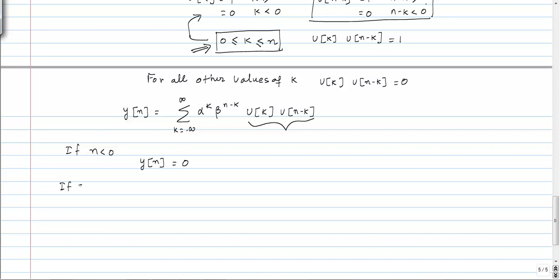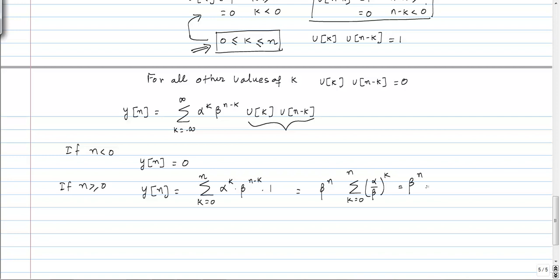If n is greater than or equal to 0, then y of n can be written as the summation from 0 to n of alpha to the k, beta to the n minus k times 1, which is beta to the n times the sum for k equal to 0 to n of alpha over beta raised to k.